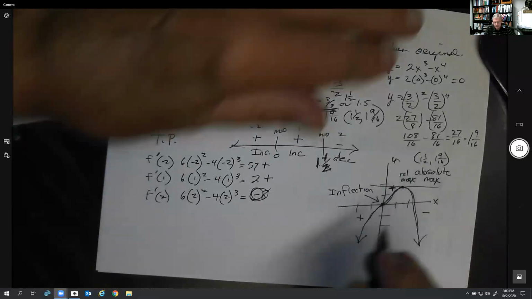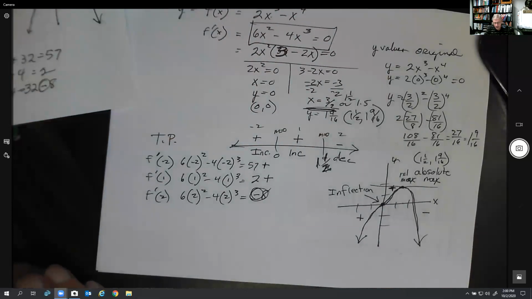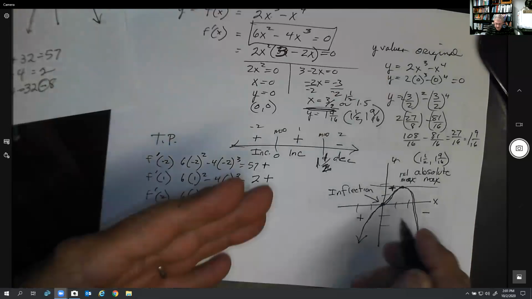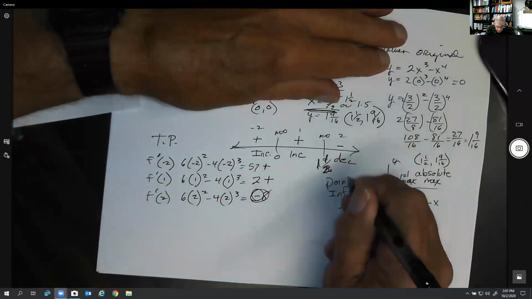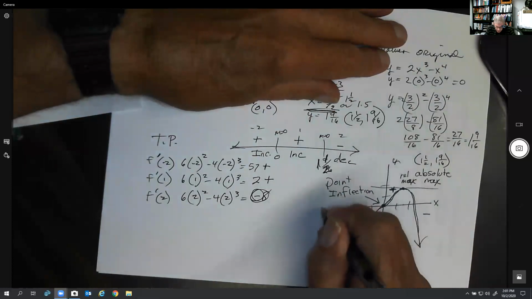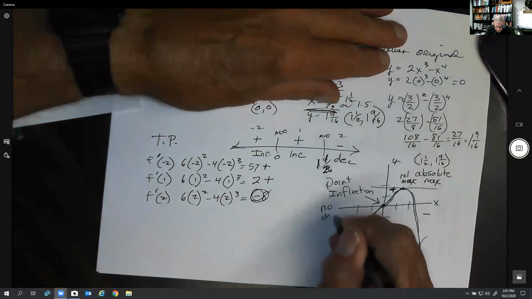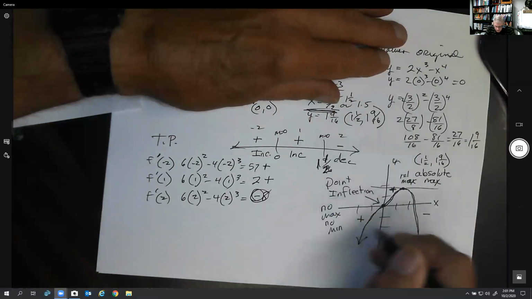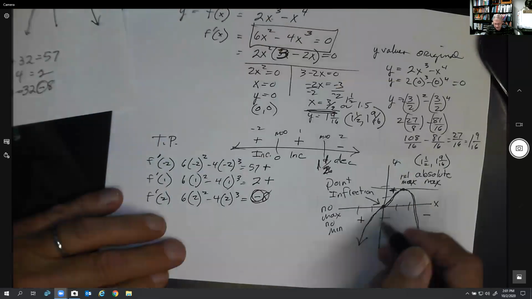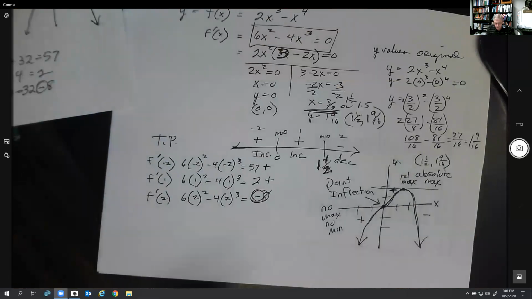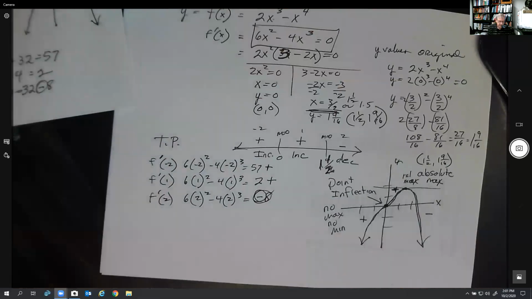That's called a point of inflection. So at that particular point, there is no relative max or min. At a point of inflection, no max, no min. It's just kind of a hiccup or something in the curve. Did a little minor little shift right then.